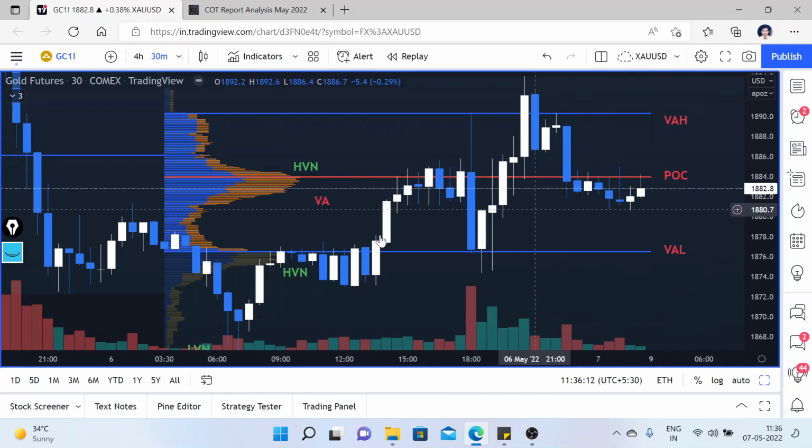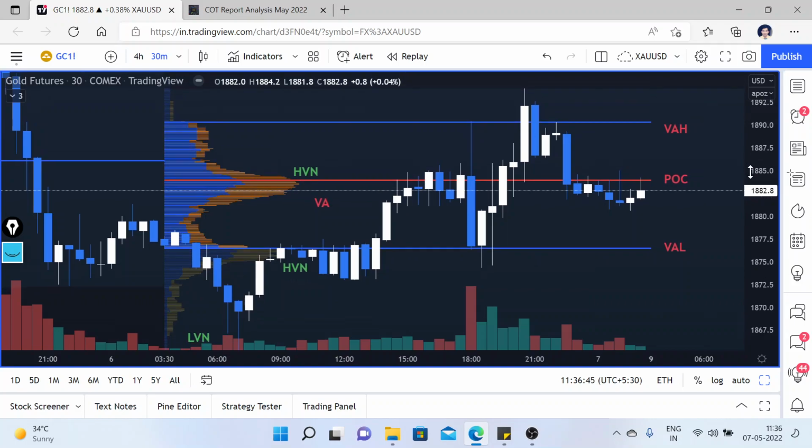Let's start with the VA. What is the VA? This is the value area. So what actually is a value area? The value area is basically an area where the most volume traded over this period of span, like in the daily chart. You can see here, this is the dark area.